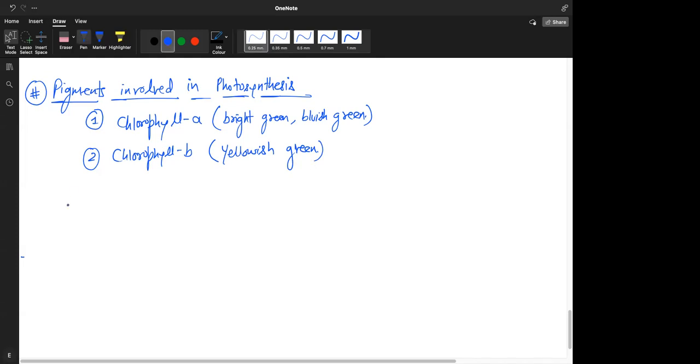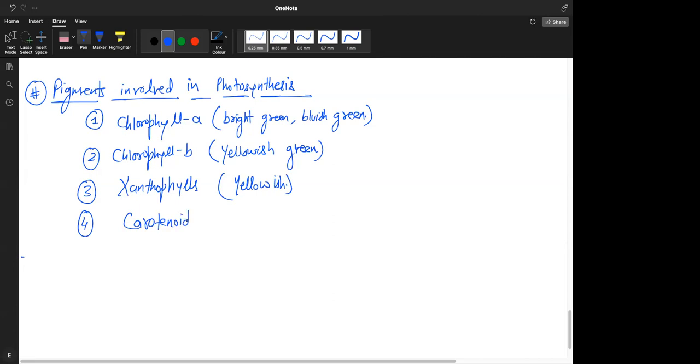So the other types of pigments, third is xanthophylls. Xanthophylls absorb energy from the yellowish spectrum. And the fourth is carotenoids.